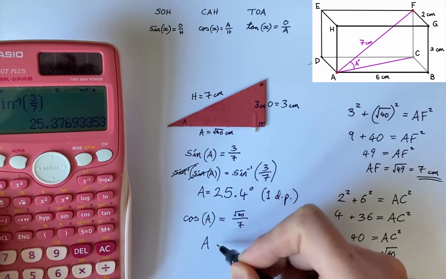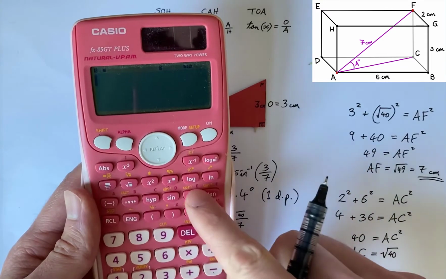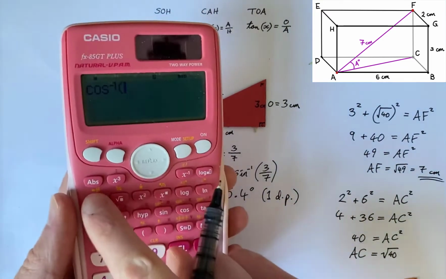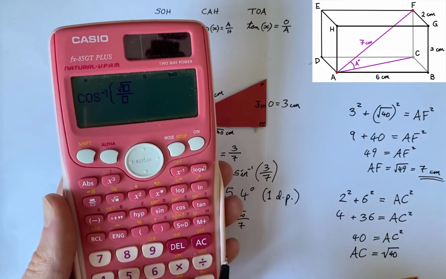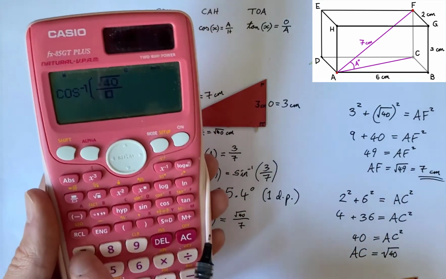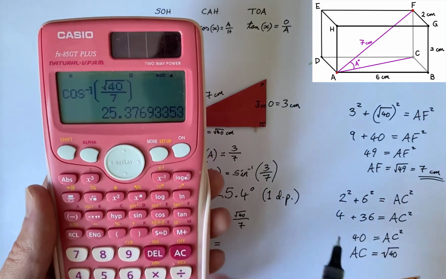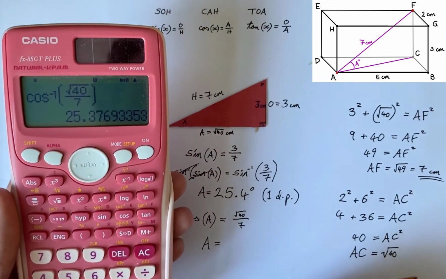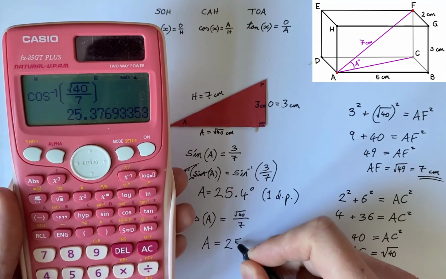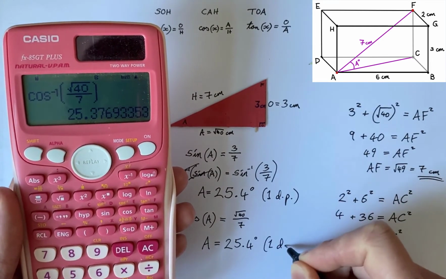And so if I clear that, I do the inverse function of cos, and I put in the square root of 40 all over 7. You can see that this again gives me 25.4 to 1 decimal place. It's 25.4 degrees, 1 decimal place.